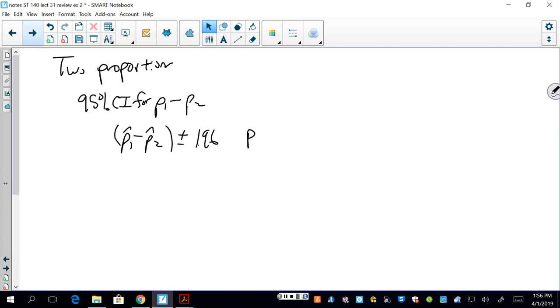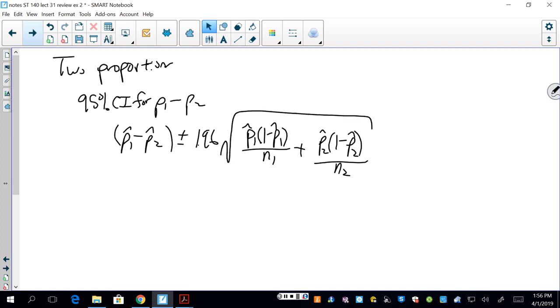And there's a variance from the first estimator that adds in there, plus the variance of the second estimator, and the square root of all that. And so that's the confidence interval. It looks like the other one for one sample, except you add the two sample variances together.